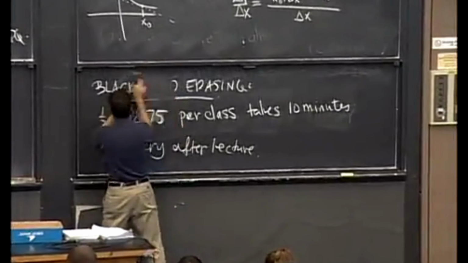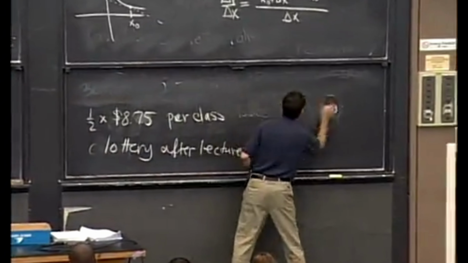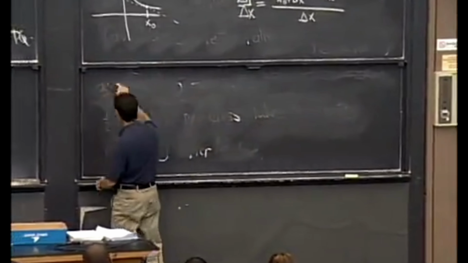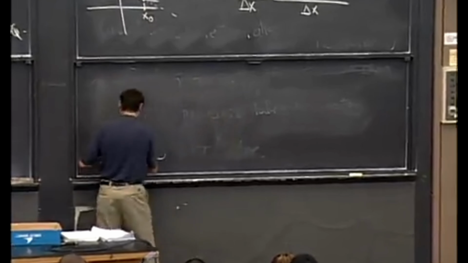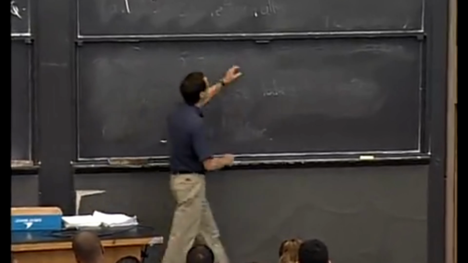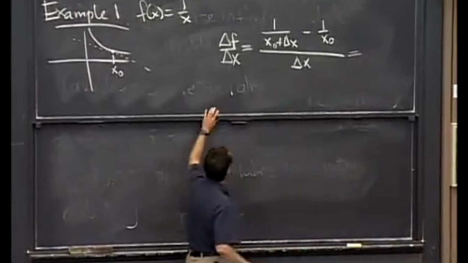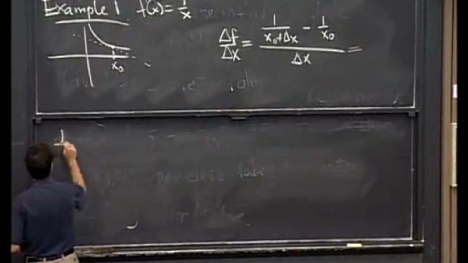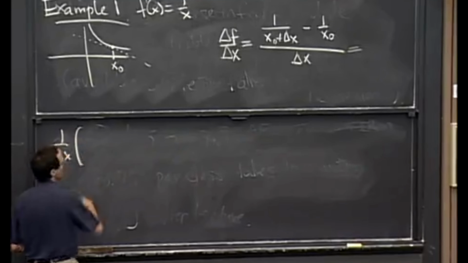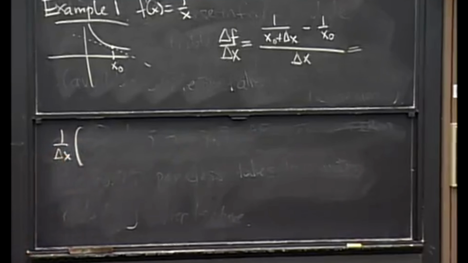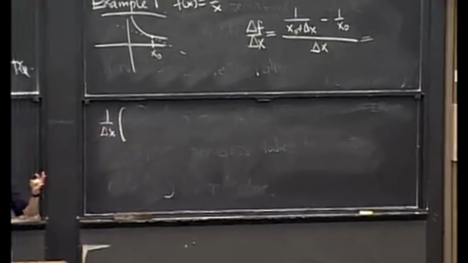Okay, so now we're going to simplify it by some algebra. So let's just take a look. This is equal to 1 over delta x times, now all I'm going to do is put it over a common denominator.